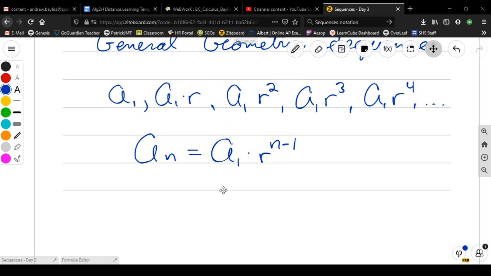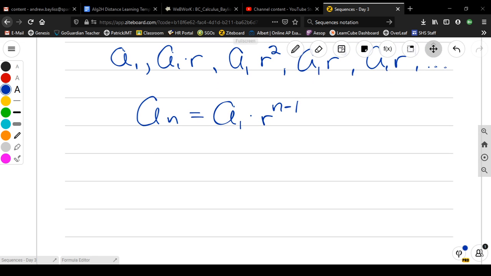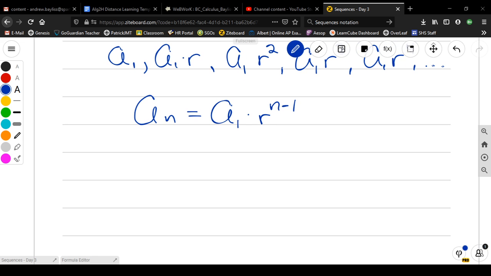That tends to be our typical geometric sequence. Okay? Now, just like we started doing with our other sequences, we can talk about the limit of a geometric sequence. And the limit is really going to depend upon r, what is that common ratio? Multiplying by that a sub 1 at the beginning isn't really going to matter so much. It's more what is happening to that r to the n minus 1.